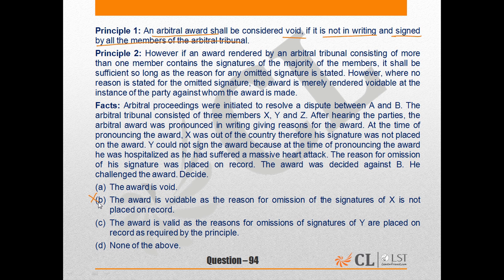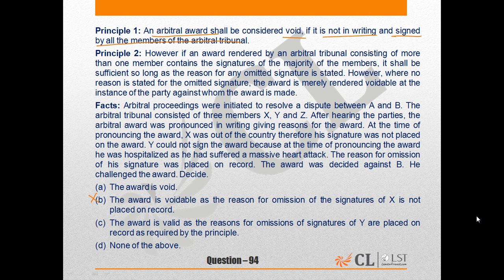Option B cannot be the answer because it says the award is voidable as the reason for omission of the signature of X is not placed on record. Now coming down to option C, it says the award is valid as the reason for omission of the signature of Y is placed on record as required.